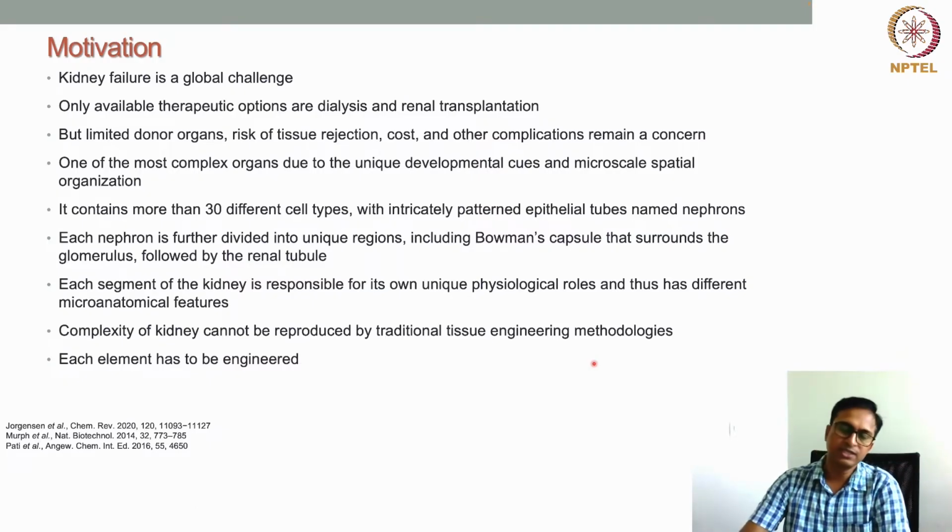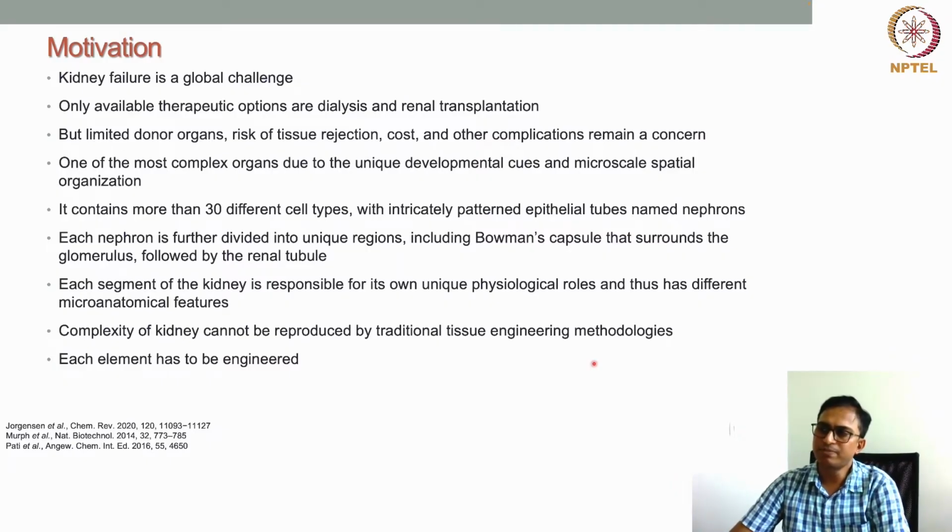So bioprinting is a technique that has shown some possibility of replicating a few of the renal structures, like some nephron structures, like a part of the renal tubule, a proximal tubule. All these things are printed and demonstrated, and physiological functions have been seen in that kind of tissue structures.